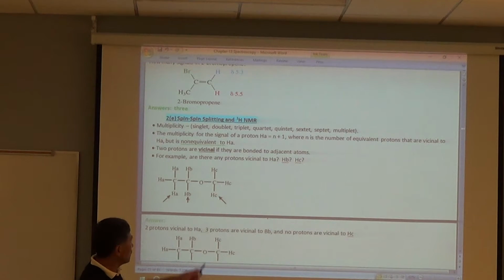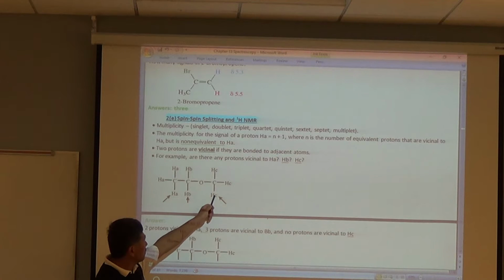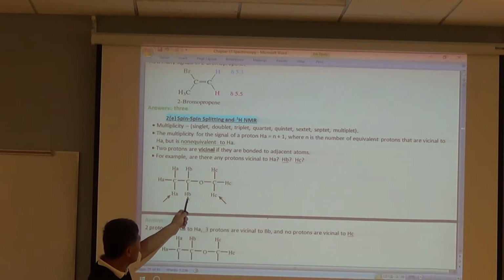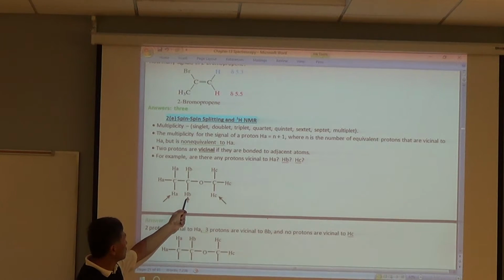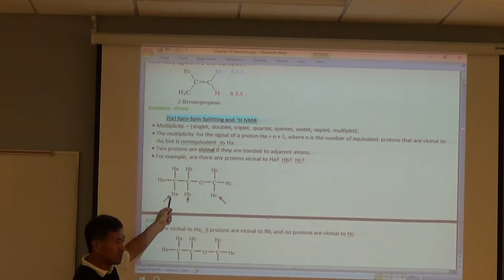So your delta, this one will be the signal, this is the quartet, very good. And this one is the triplet.